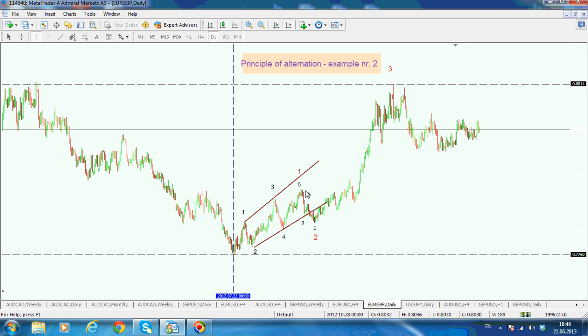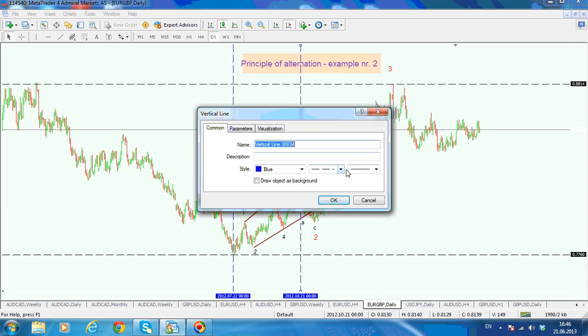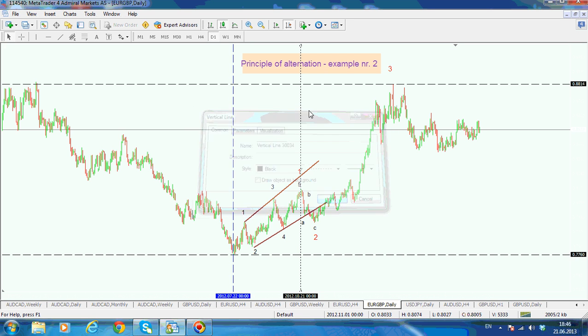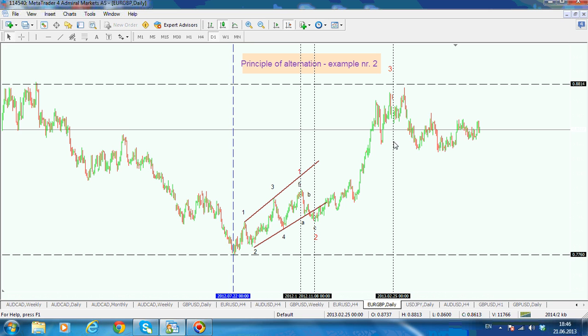Let's mark the end of the first wave, and the end of the second wave, and then the beginning of the fourth wave here. And now what we are looking for, so this is a zigzag.